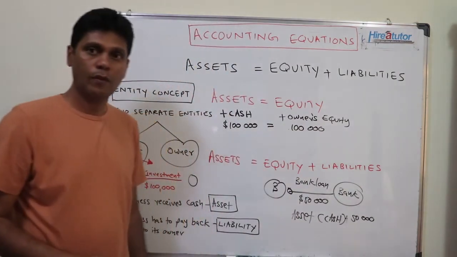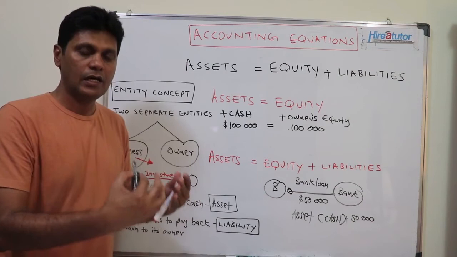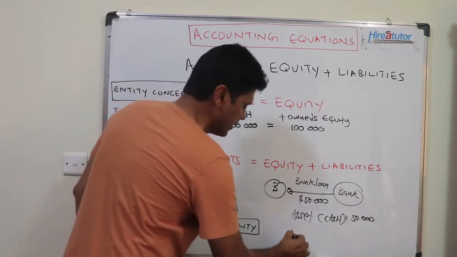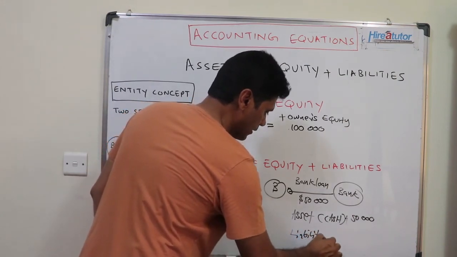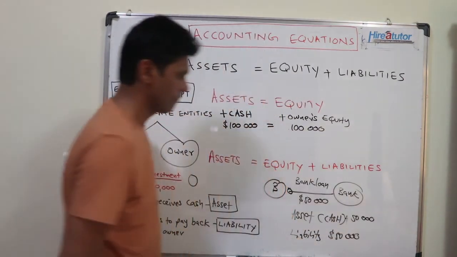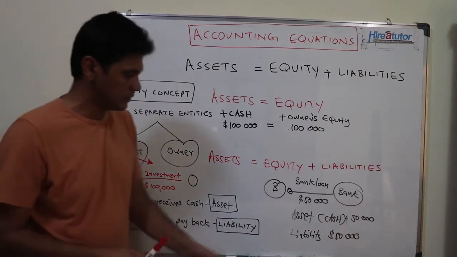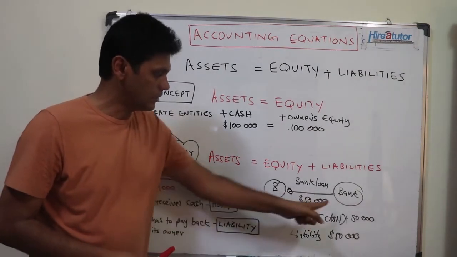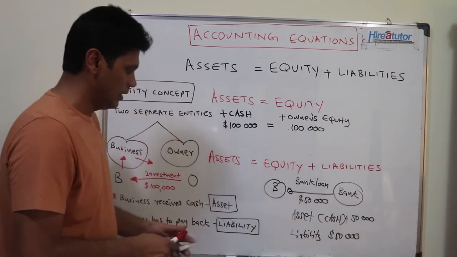Also, from the business point of view, it owes a liability towards the bank. So it creates a liability towards the bank of 50,000. When you substitute this, the business has received a bank loan of 50,000.